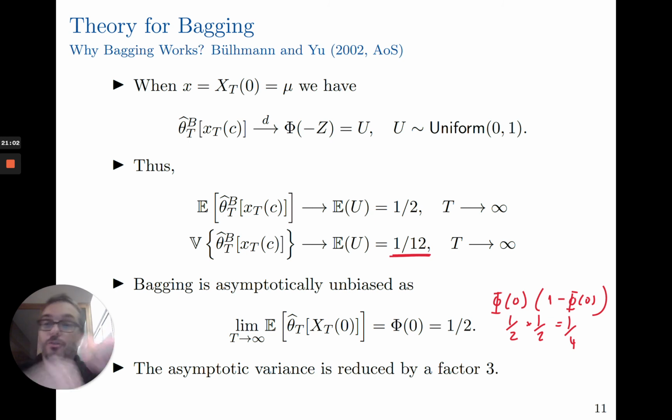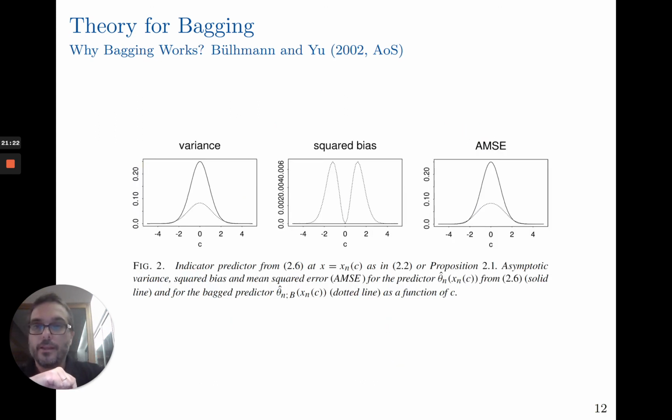So when we are around the threshold, the region where we have instability, bagging will yield a major variance reduction. That's what we can see in the plot. The plot that's most to the left is the variance of the estimator, and the dashed line is the bagged predictor, the dotted line, and the bold line is the original one.